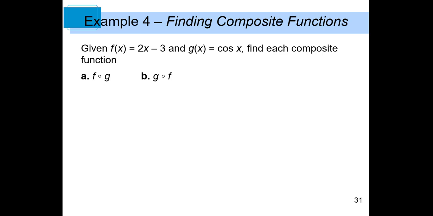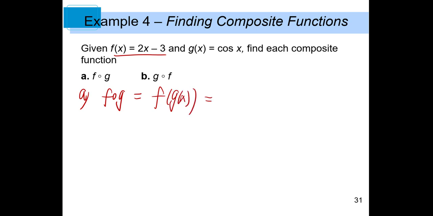Yeah, so let's take a look at how we create a composite function with the two given functions, right? Let's say f of x equals 2x minus 3, g of x equals cosine x. I'm going to find each composite function here. First one is f composite of g. That means we're talking about f of g of x.